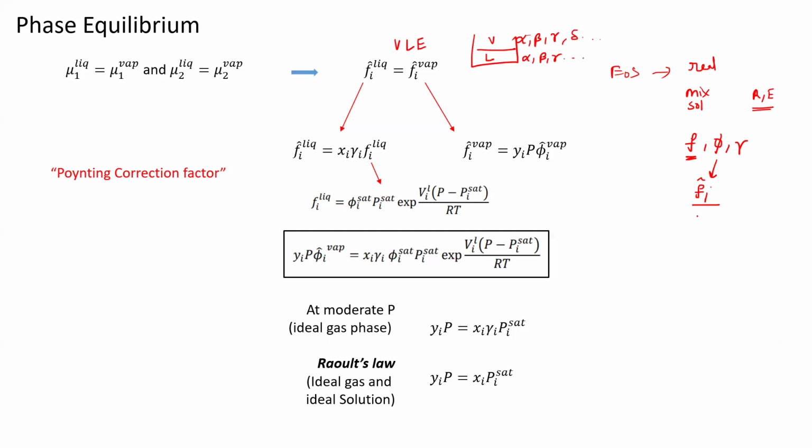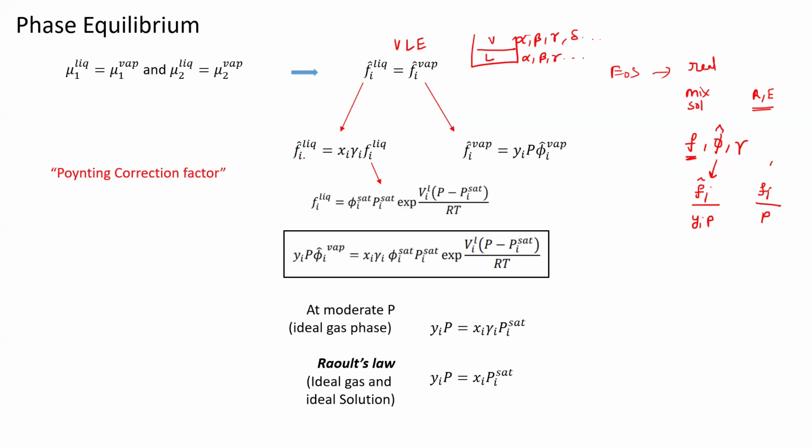Normally also you say fi of the gas by its pressure, where yi is 1. This is for the mixture, and this is phi i cap if I define it like this.